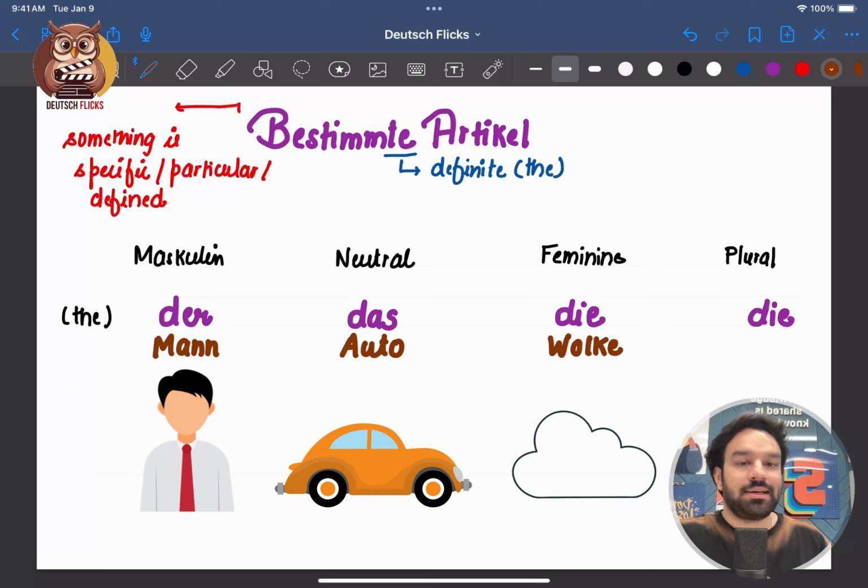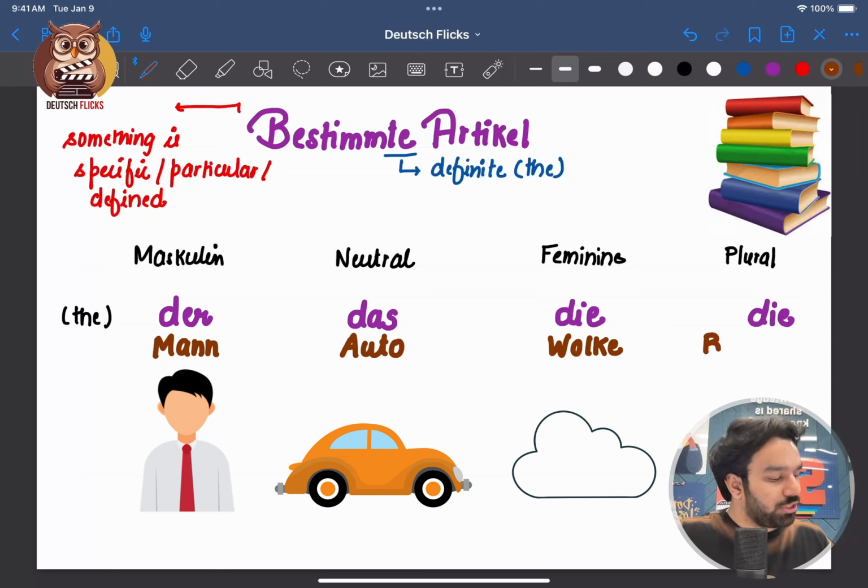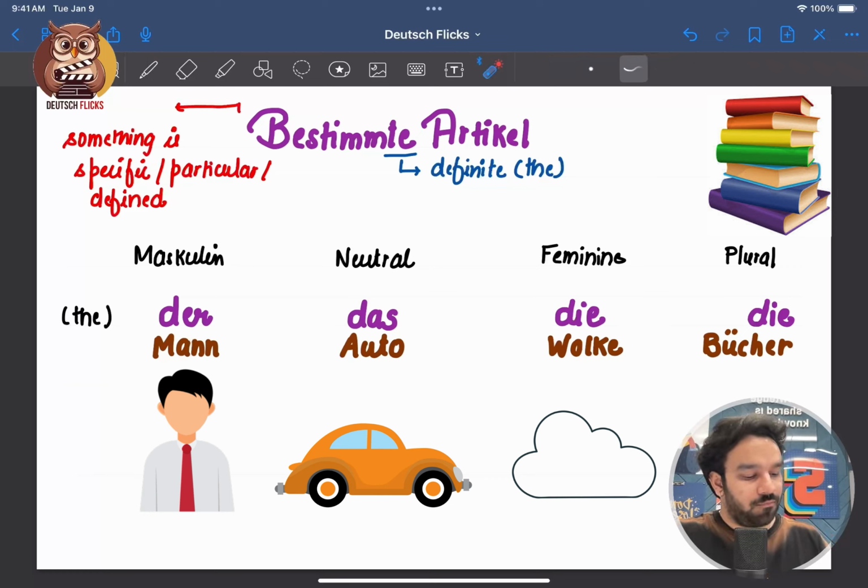Wolke means cloud. So yes, cloud is feminine in German. And for plural, let's take the plural version of Buch, which means book. So we'll write here Bücher. Throughout the course, you'll also notice that I'm using short forms for der, das, die and die.